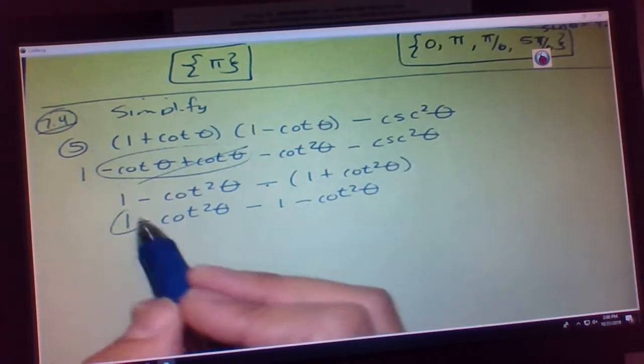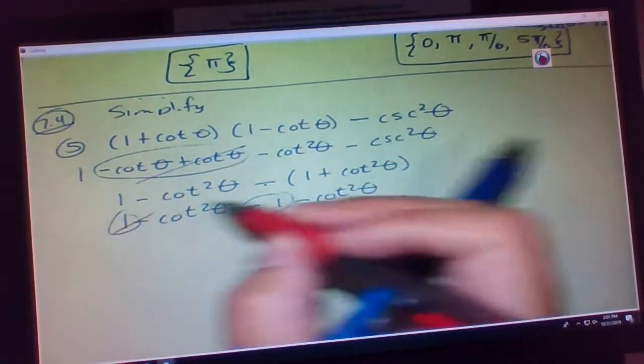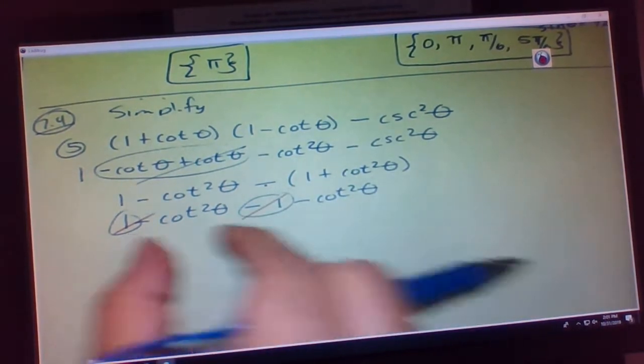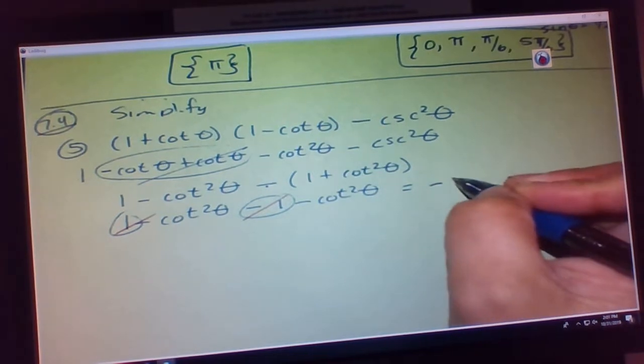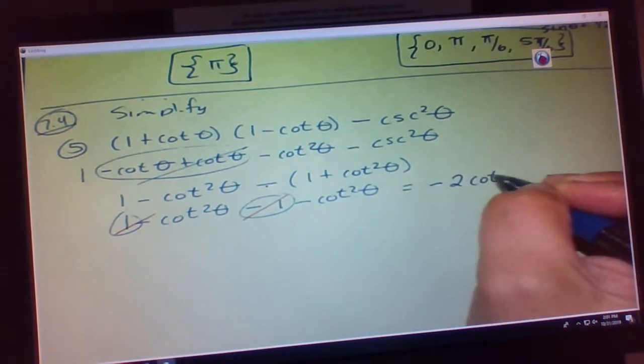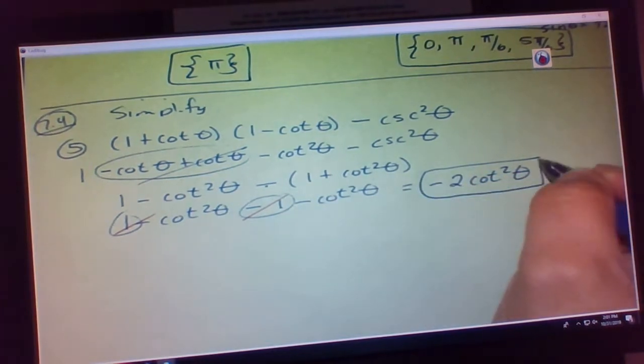What happens to this 1 and this negative? They cancel. And I just have a negative cotangent squared minus a cotangent squared, which gives me a negative 2 cotangent squared. And this is you simplifying.